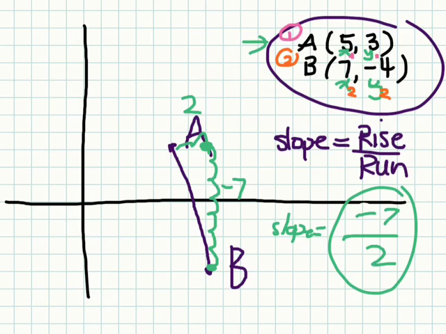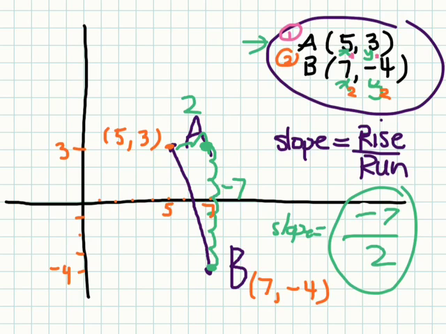When you are calculating the rise, our first point is located at 5, 3, and this point is located at 7, -4. Here's 1, 2, 3, 4, 5, 6, 7, and here's 1, 2, 3, -4, and then we have 5 and 3.